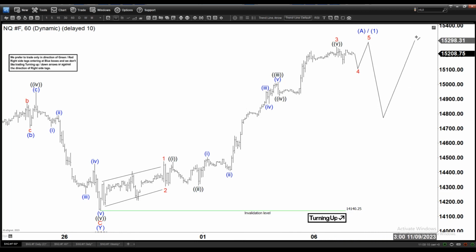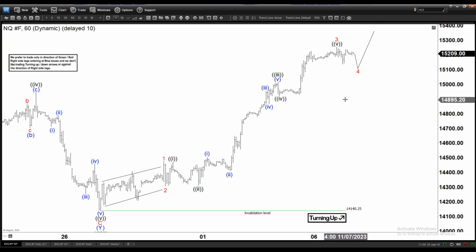It's going to make a new high again, and this pullback can be either wave B or wave 2. So whether this is a new bullish leg or just an ABC, because of the 5 waves, most likely we're going to get another leg up as long as we stay above 14,140. That's something I wanted to mention to you guys.